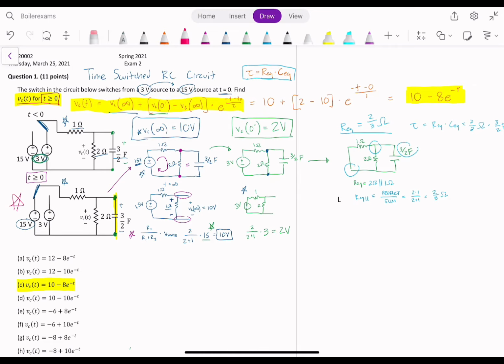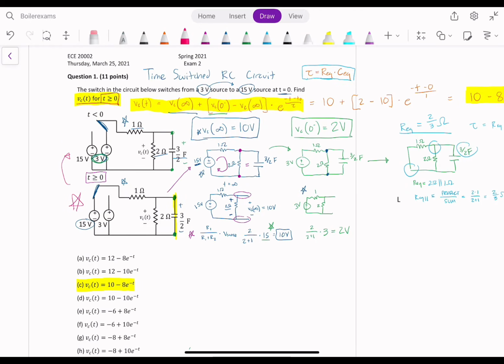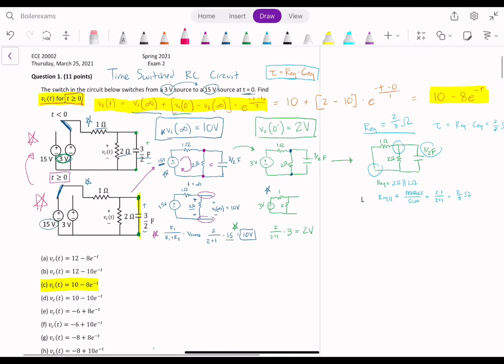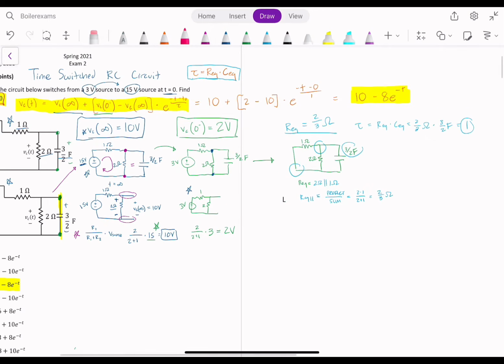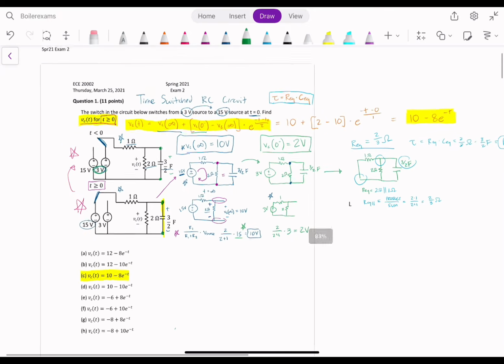To find V sub c of 0, it was the same method except we applied it to before the switch occurred, as the final conditions of the circuit before the switch occurred gave us the initial conditions of the circuit after the switch occurred. Then we solved for the equivalent resistance of our circuit by shorting our voltage source, and then we had two parallel resistors, combined them, found our time constant, plugged it back in, and we got the answer: 10 minus 8e to the negative t.